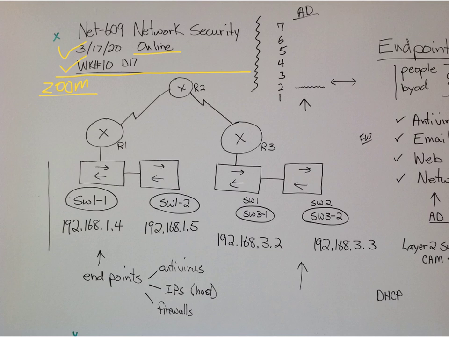Okay, so the first thing we did, we have our scenario here, our typical lab scenario, and what we did is we added a switch. So we have switch router 1, switch 1. They're named a little different than this.